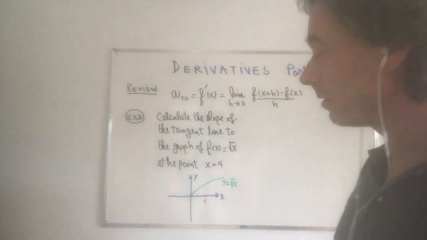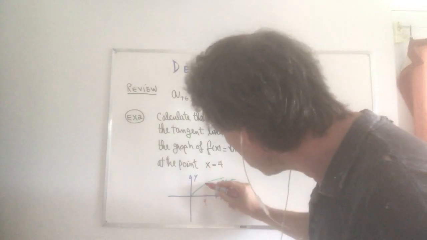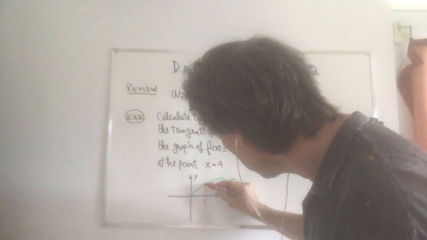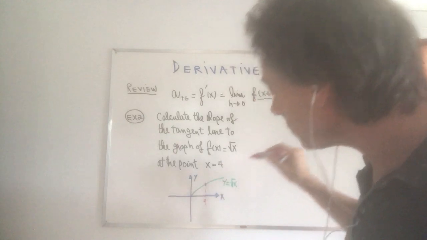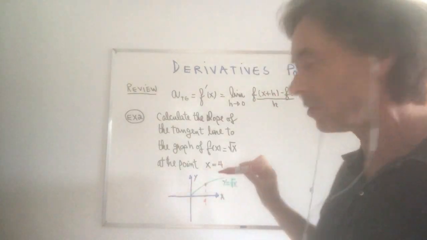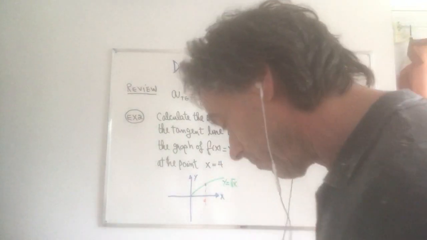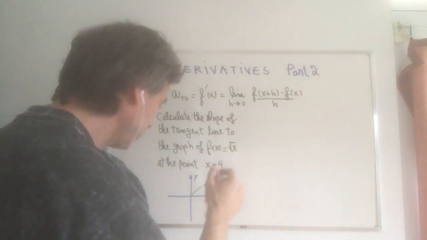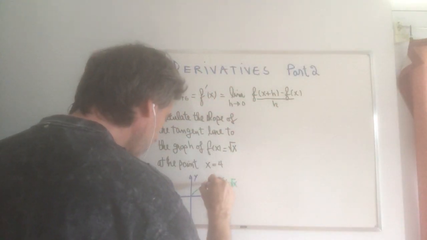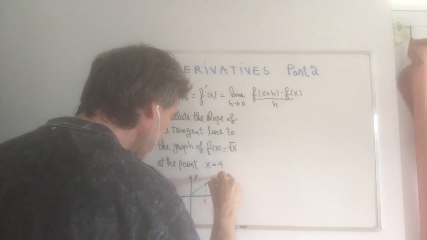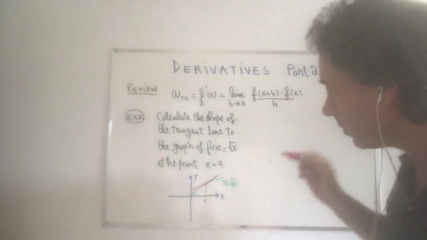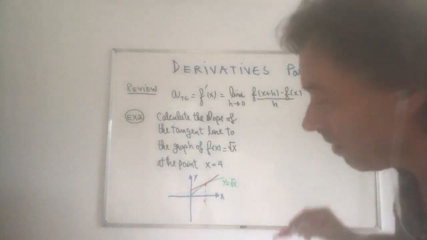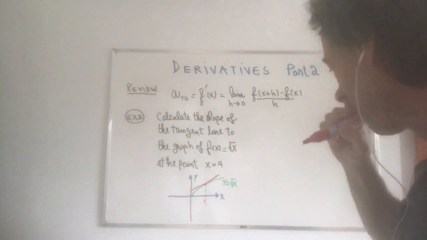What we want is to figure out the slope of the line that would be just tangent, that would just touch the graph at that very point. So I'm going to try to draw a nice tangent line, something that just touches the graph. Not very straight, but you get the idea.